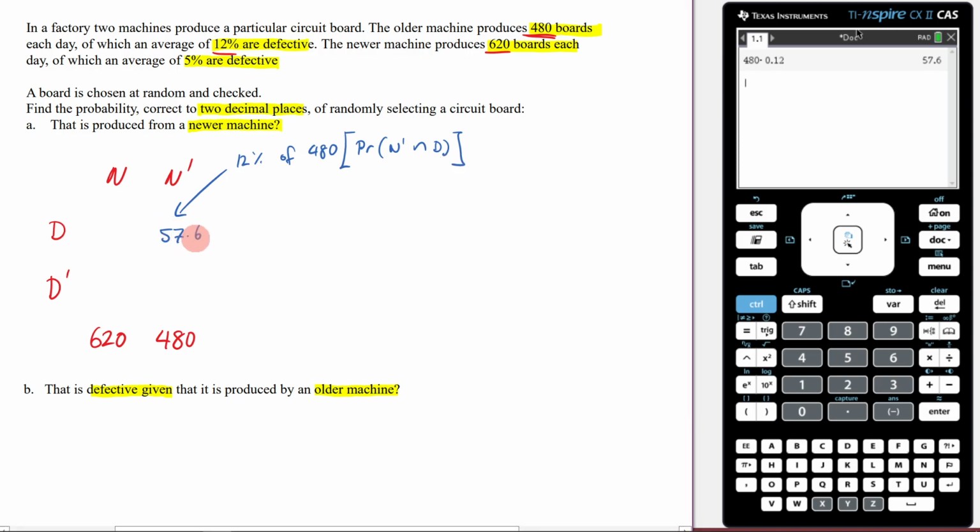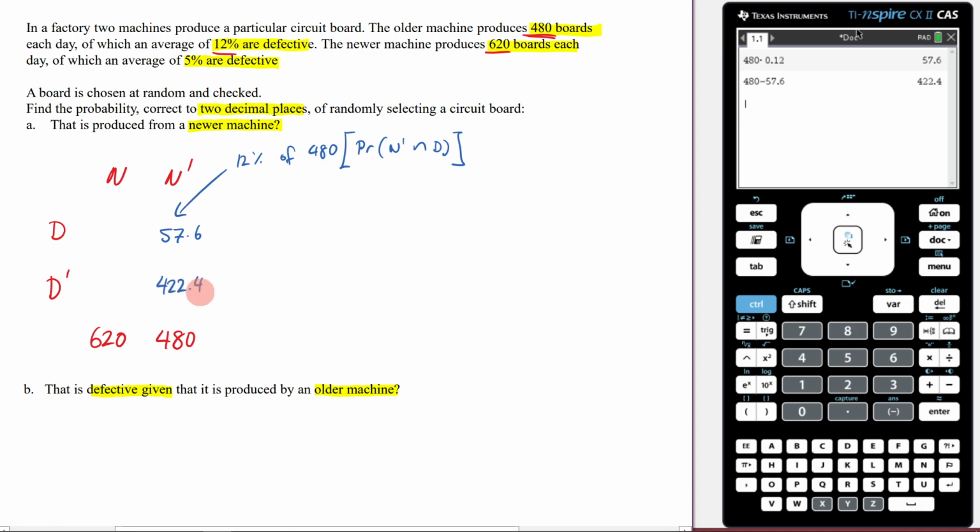And that means I'm going to get 57.6. So then we can say, well, how many not defective boards do the older machines make? Well, then we just go 480, because that's the amount, and subtract what we got up here. So that's going to be 422.4.